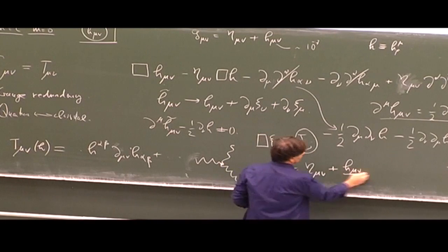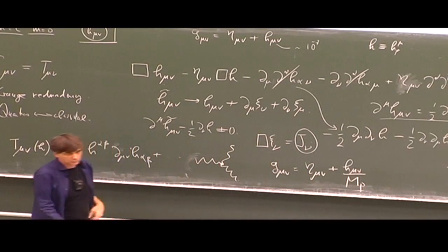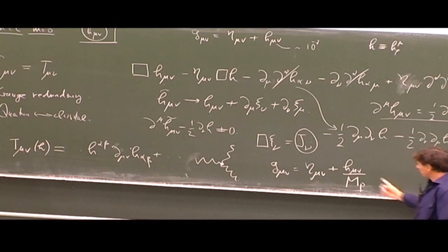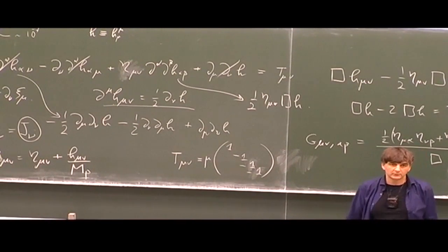For the canonically normalized graviton, this is the correct expression, in the units where h bar is 1 and c is 1. Okay, so there is this fundamental energy scale which controls the strength of the interaction.